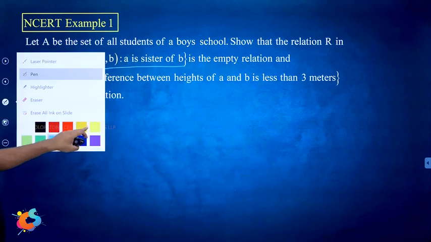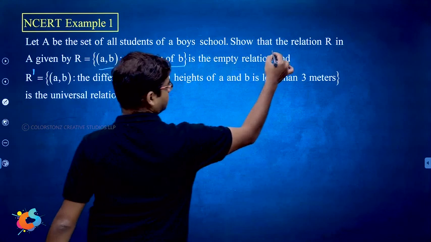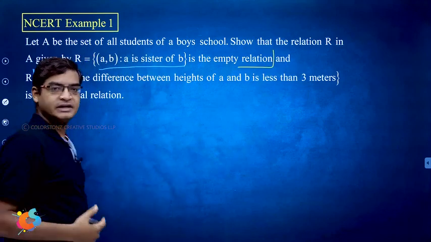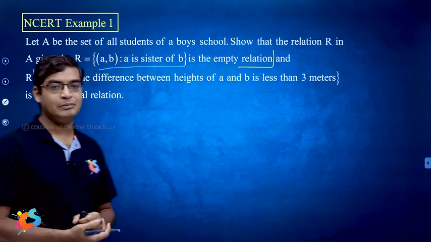So here, there are two questions. First of all, this is the first part of the question, and after that, it is the second part of the question. So first we have to prove R is an empty relation.